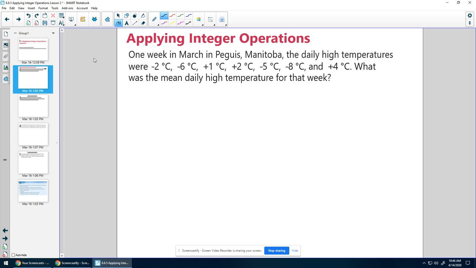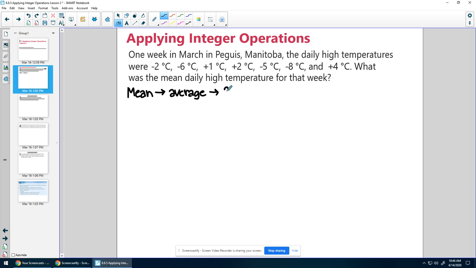So before we even attempt to solve this, we need to refresh our memories on what mean means. Mean is the, yeah, you're right, average. Mean means average. And how do we find the average?